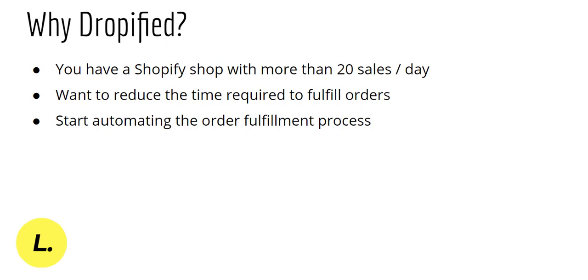That's something that I've learned the hard way, because I've been stuck running a store for multiple months, and after that I managed to change my habit. And the last one is kind of obvious, but it's just to automate the order fulfillment process. So let's go into more details.